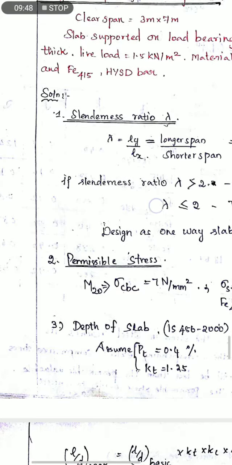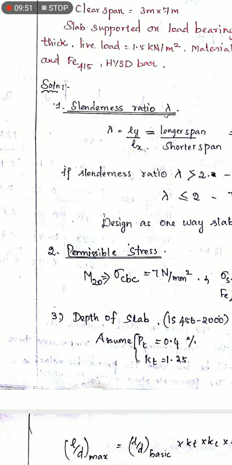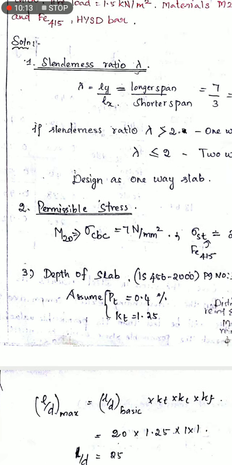Then permissible stress. This is fully based on the working stress method, so only material stress is considered, not strain. So you have to know the permissible stresses of materials. That is the second step.